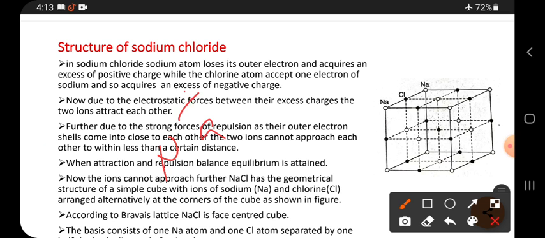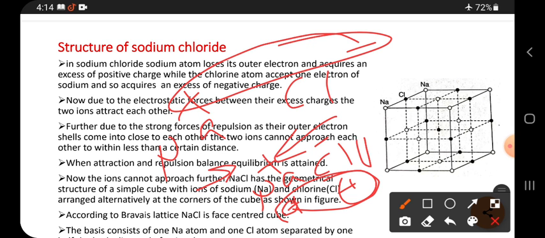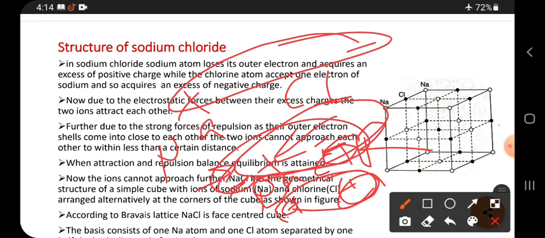Here sodium has a positive charge, chlorine has a negative charge, and there is an attraction force between them. While attracting, they come close to each other. After coming close, repulsion starts between the nuclei, and chlorine contains extra electrons and sodium also contains electrons, so these electrons also start repelling.